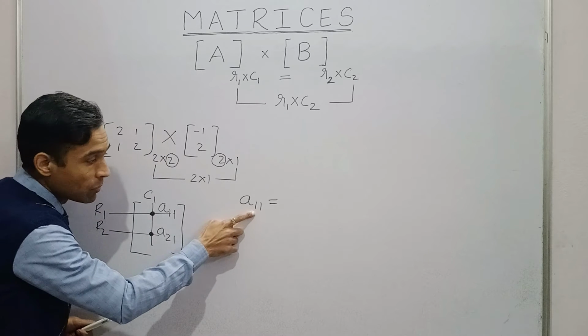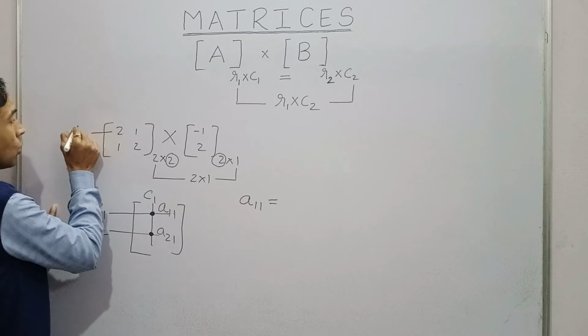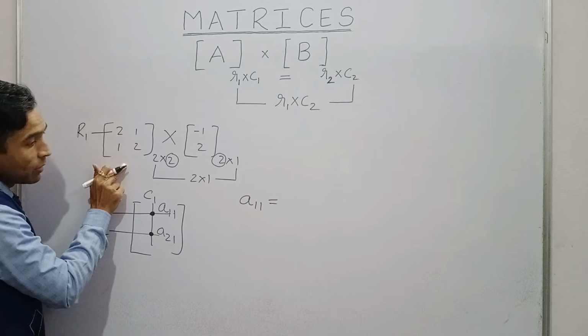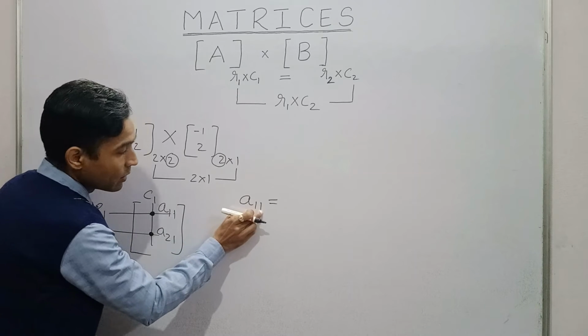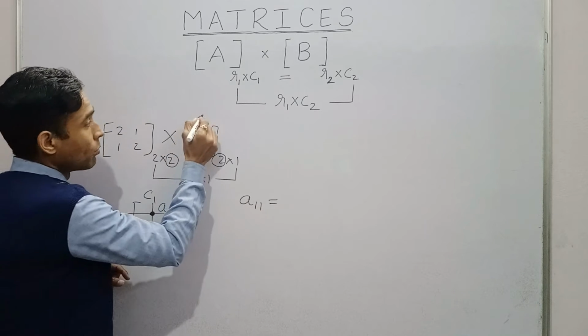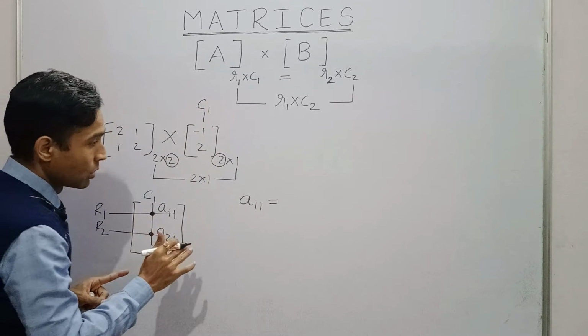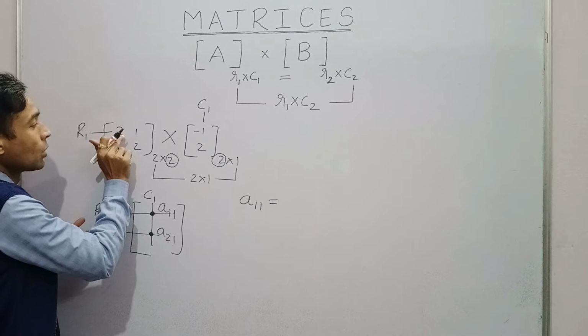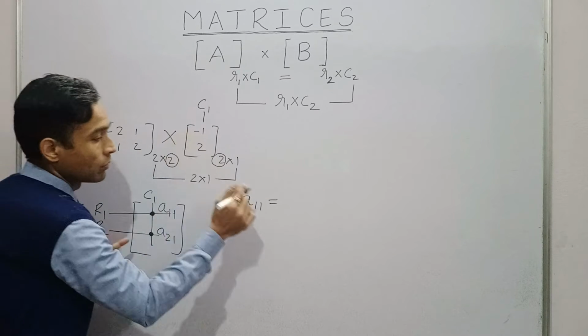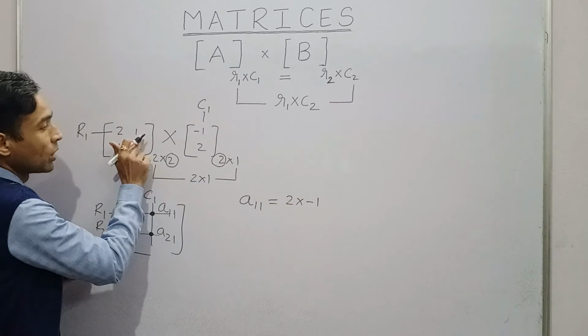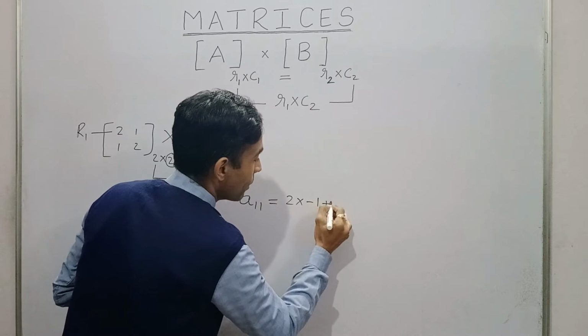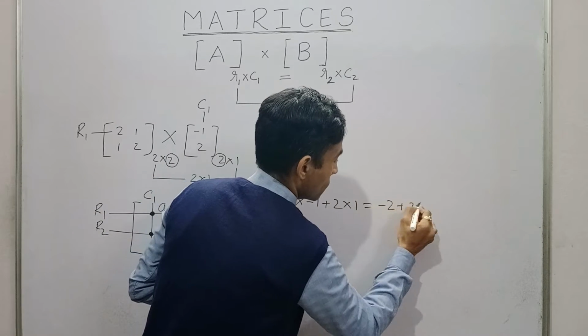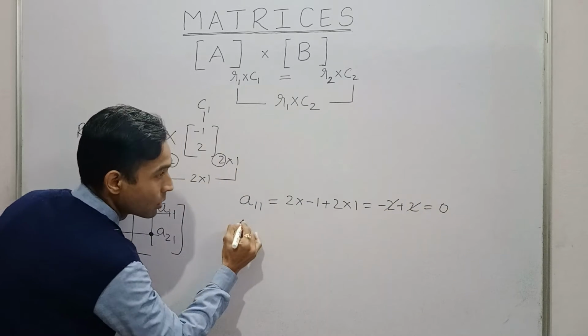A11, here 11 means first row of first matrix and first column of second matrix. So here we will multiply 2 with minus 1 and this one with this 2 and we will add them. So A11 is 0.